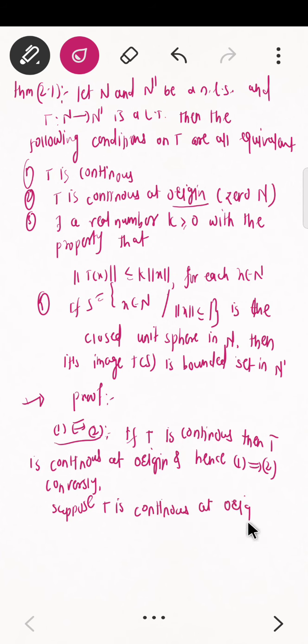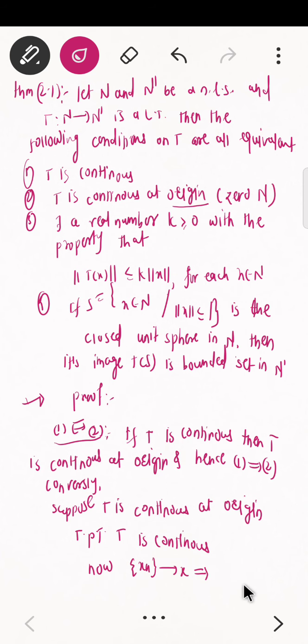Suppose x_n is a sequence which converges to x. If we show that T(x_n) converges to T(x), then this linear transformation T will be continuous at the point x, and since x was arbitrary, it is obvious that T is continuous everywhere.